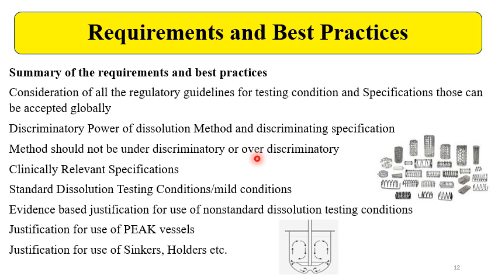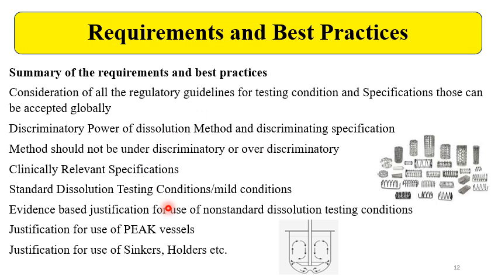It will not be considered as a mild condition, as 100 RPM is not accepted generally for the oral formulations with paddle apparatus. That time justification is required to be given, or other apparatus can be tried.